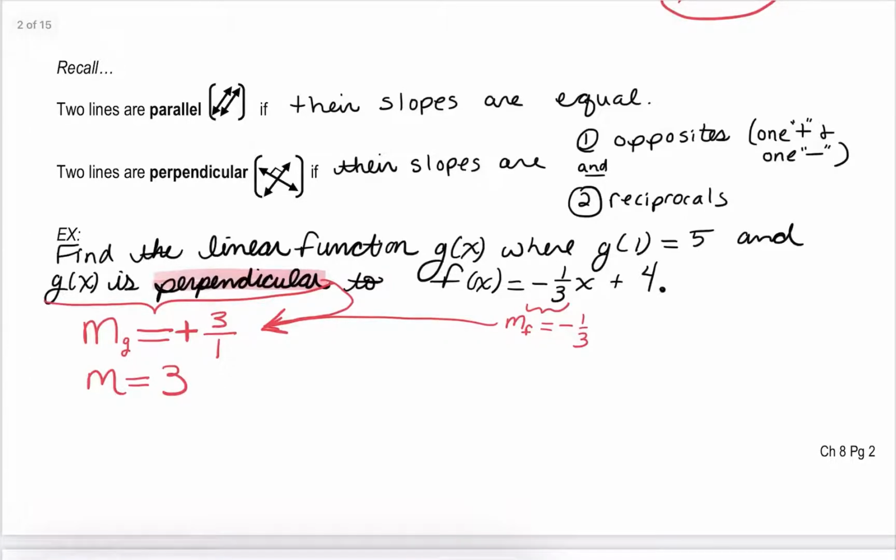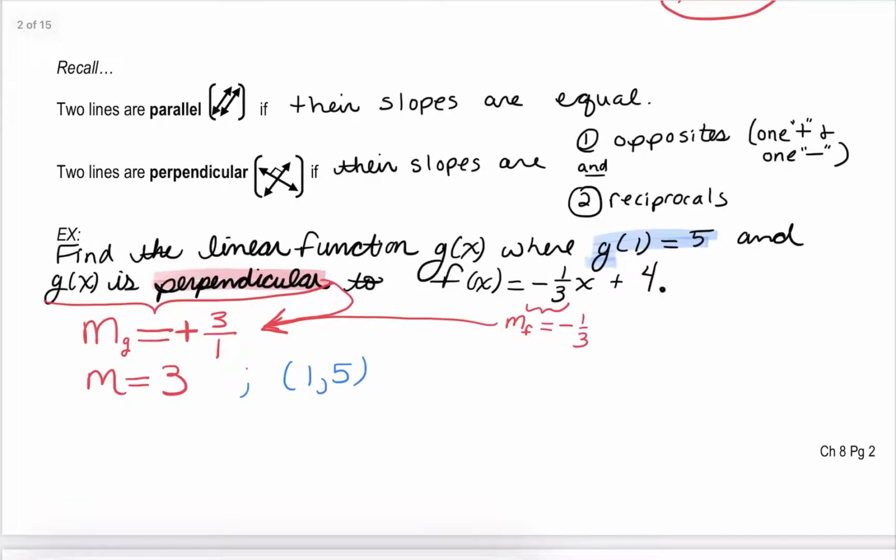Now, I have a point on my line, so we know that (1, 5) is our point because we are told that g of 1 is equal to 5. So again, it's up to you, either the point-slope formula or that find the b method.